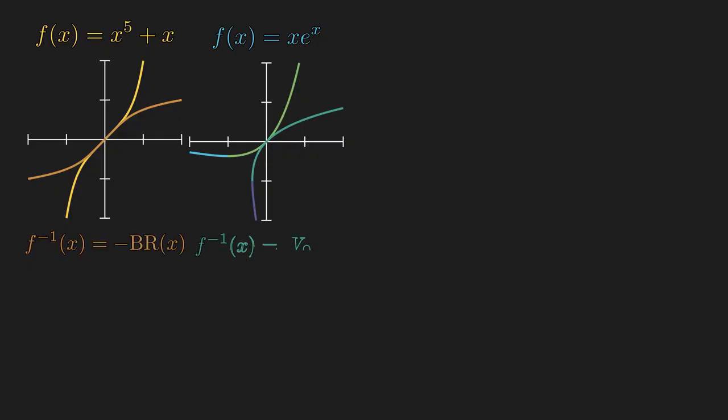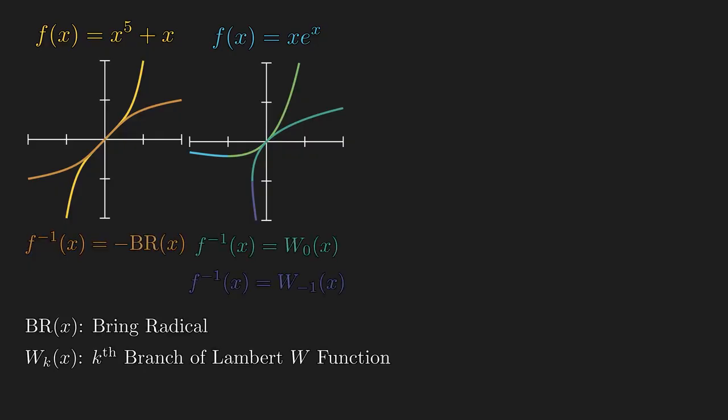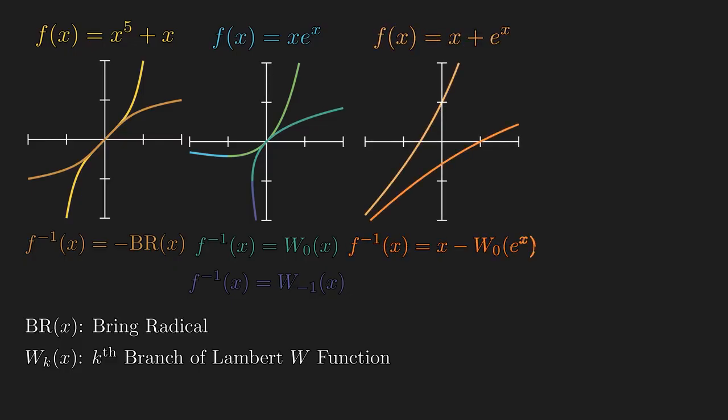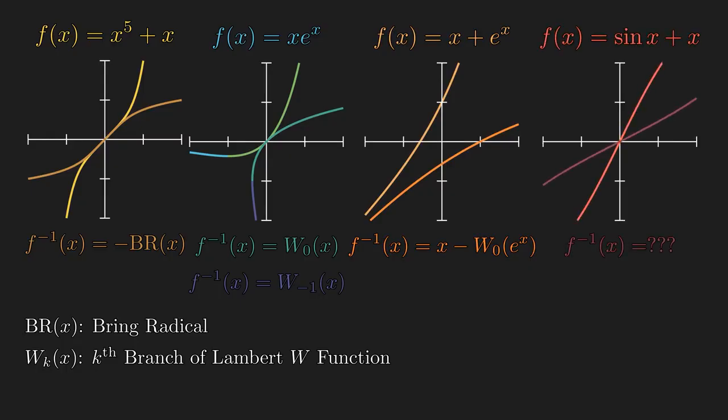Inverses of these two functions have been well studied, so they have names. Other times, we could have a function whose inverses can be written as a closed form in terms of these existing functions. But most of the time, you're completely out of luck, and you might as well name them yourself. So algebraically finding inverse functions is extremely difficult if we are lucky, and outright impossible most of the time.